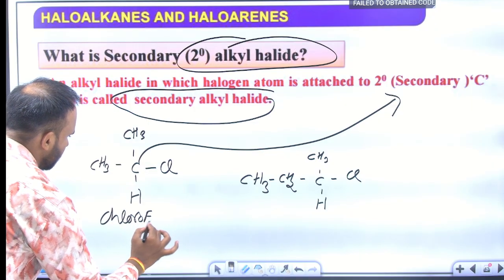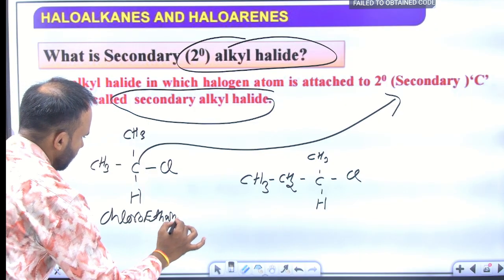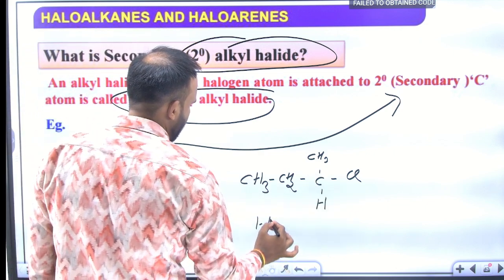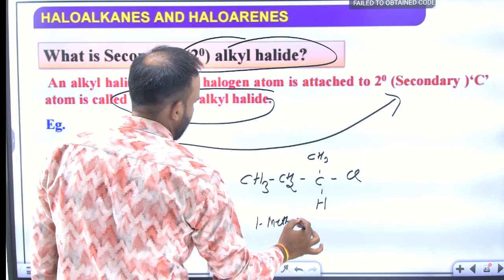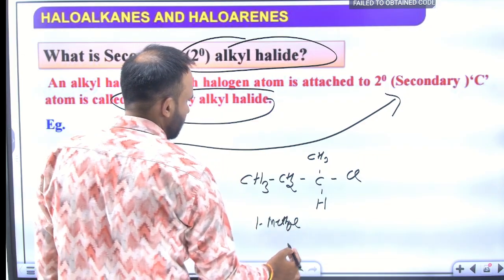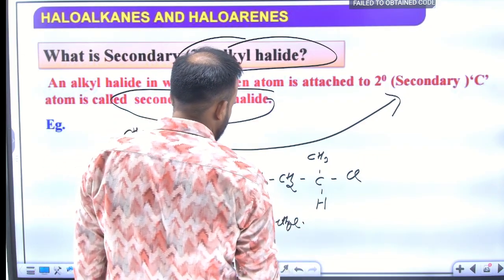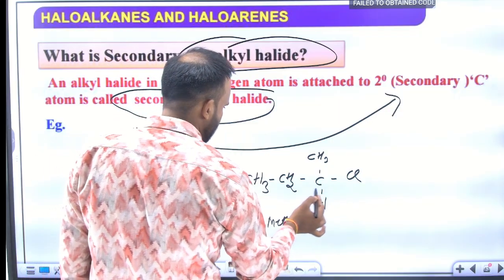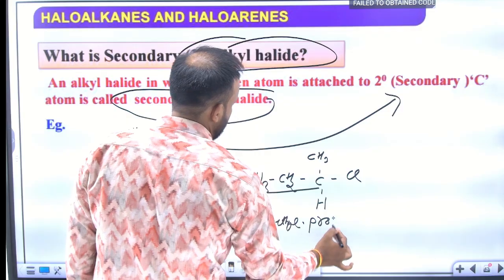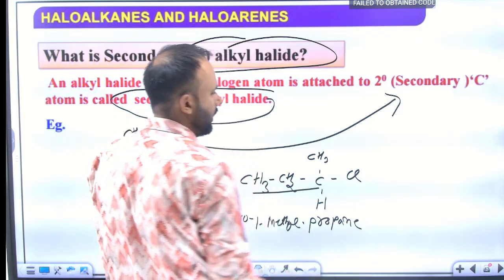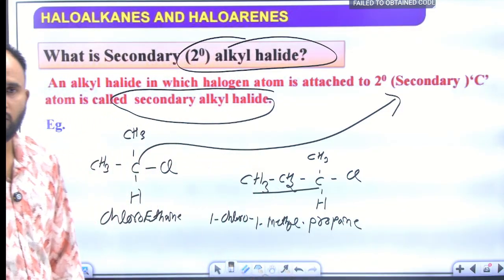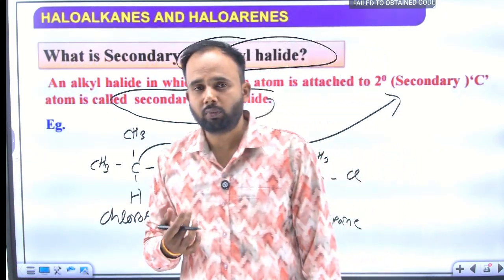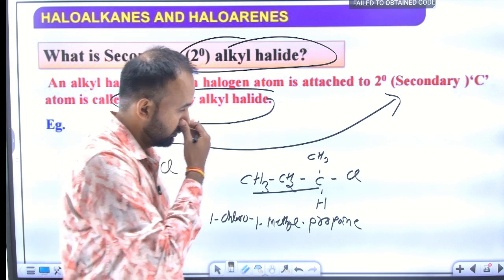Chloro, ethane... then what will be the name? 1-chloro-1-methylpropane. You know very well how we write the name. We discussed it very well in class 11th. If anyone has any kind of doubt, we will discuss it later.